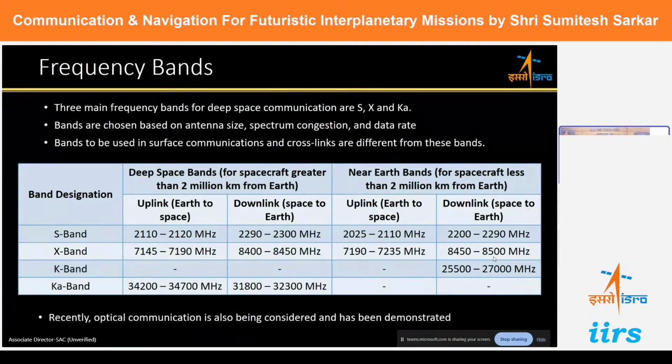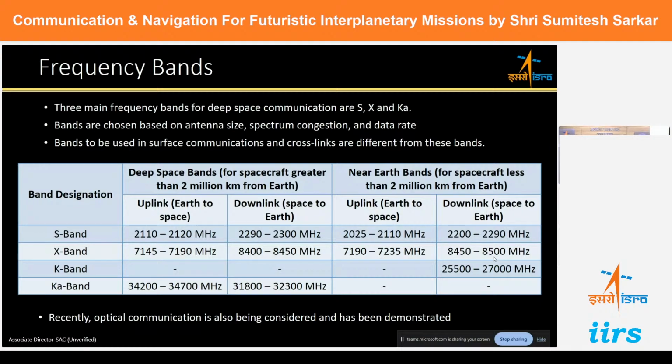So whoever goes to the moon or into deep space has to abide by these rules set by ITU. And recently, we are slowly moving to optical frequencies. That means beyond Ku and K, we are going to the optical frequency band where we really get a huge data volume, and that has already been demonstrated by the US.